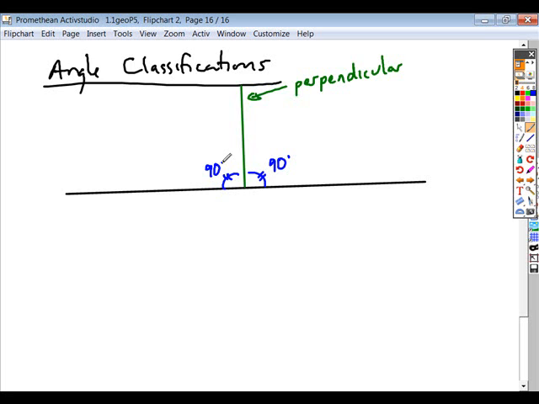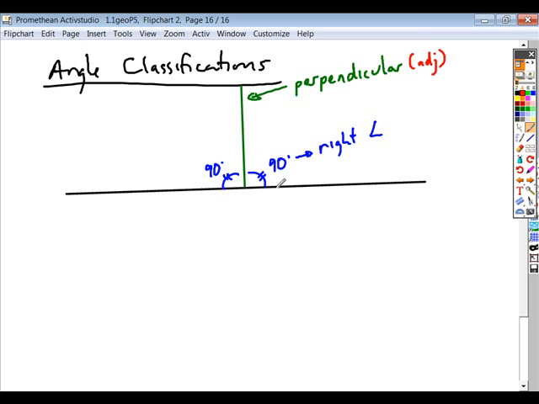And in the historical times, they didn't use measurement. So instead of 90 degrees, they just referred to this as a right angle. Okay, so these are two right angles. A perpendicular is an element that forms two right angles with another element. A perpendicular can be used as either a noun or an adjective.